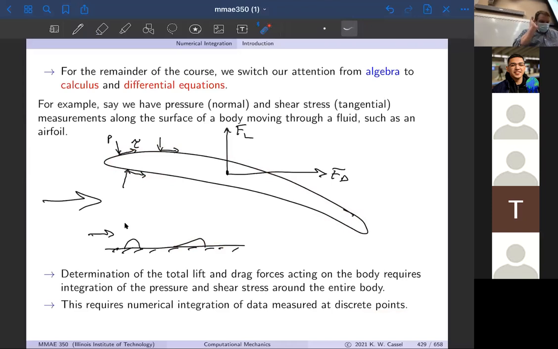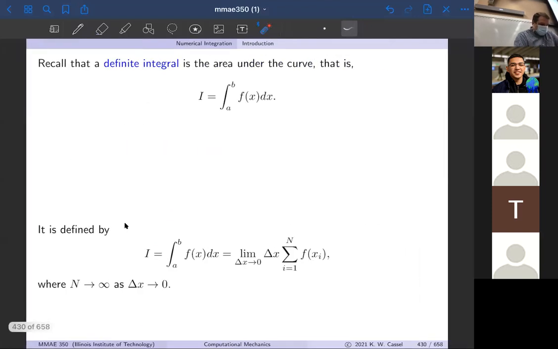All right. So that's just one of many, many examples of why we need to be able to take discretely measured data along, in this case, an airfoil surface, add it up through integration at the discrete points, and then get the total value.